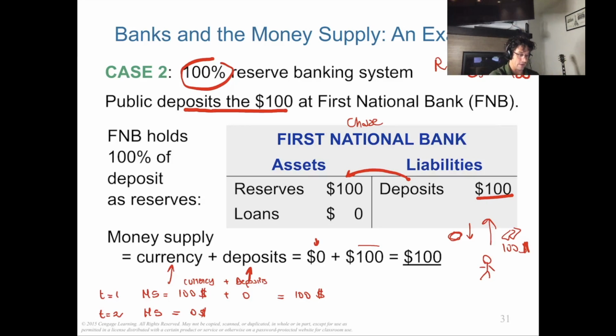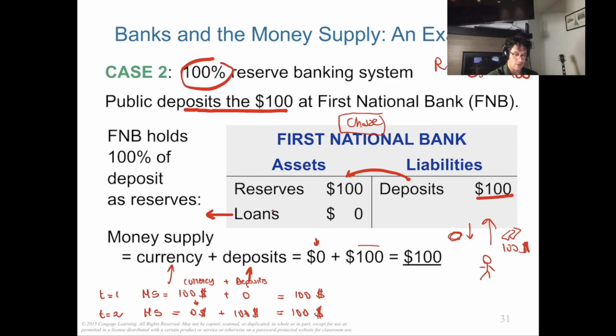In this case, the $100 disappears from the currency, but I have $100 in terms of demand deposits. So what is the total money supply? Still $100. Can you see this? And in particular, the important part is that Chase, the national bank, does not inject this money back into the economy.